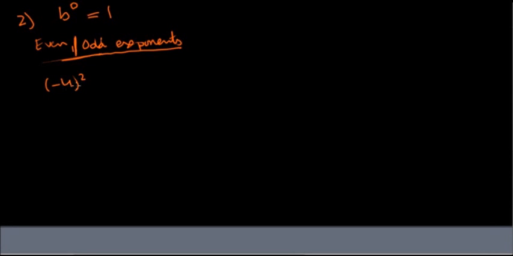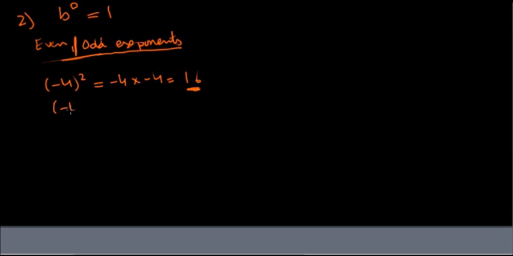This means I have negative 4 times negative 4, which would be positive 16. So this is one of the interesting properties of even exponents. When you have an even exponent on a negative number, you always get a positive answer, no matter what.